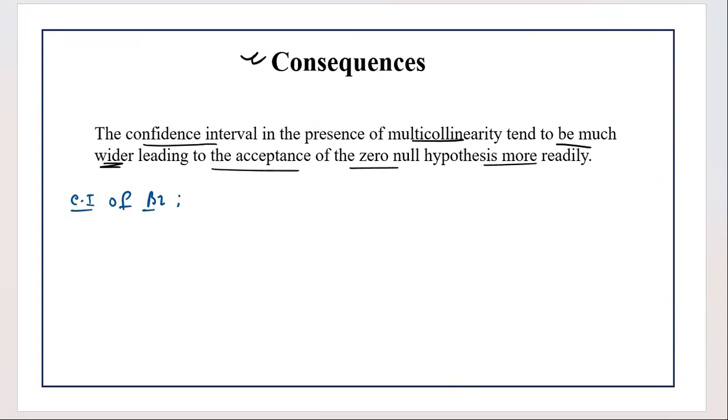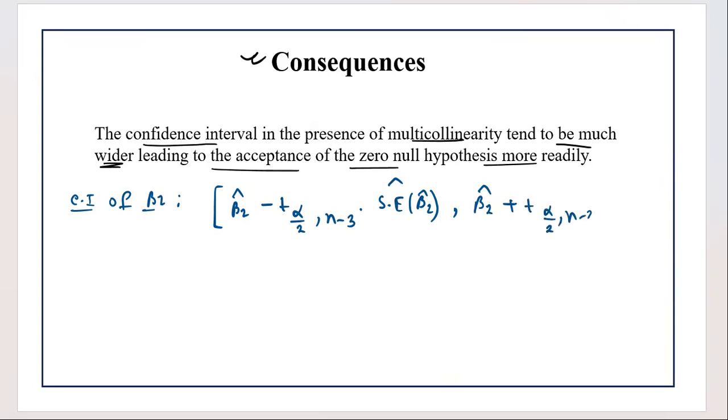It will be simply like this: beta 2 cap minus t alpha by 2, n minus 3, and then the standard error of beta 2 cap. So this is the lower bound, and the upper bound will be beta 2 cap plus t alpha by 2, n minus 3, and then the standard error of beta 2 cap. So this is the confidence interval.